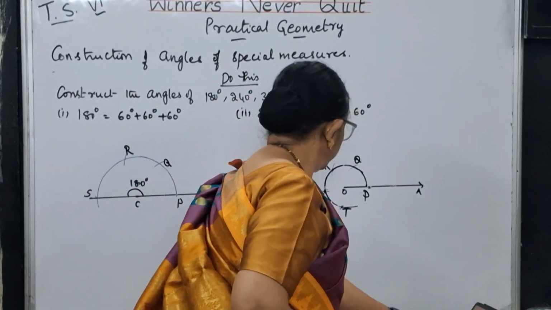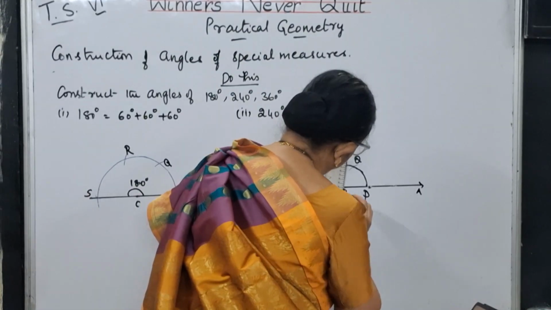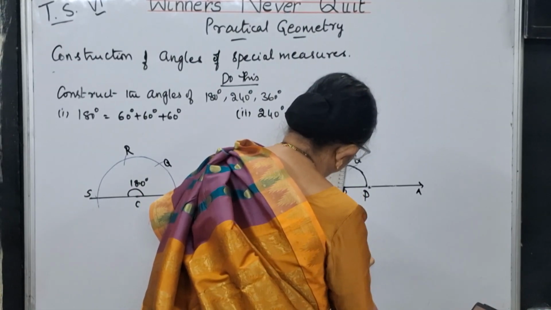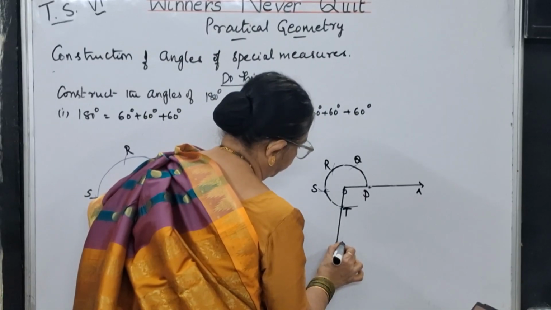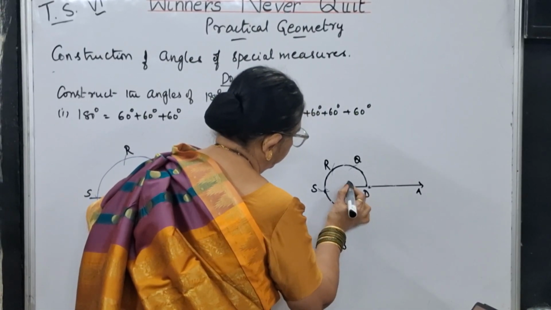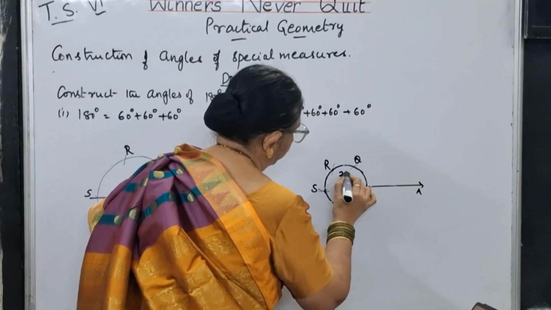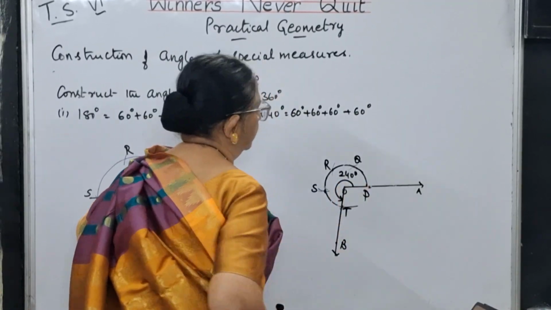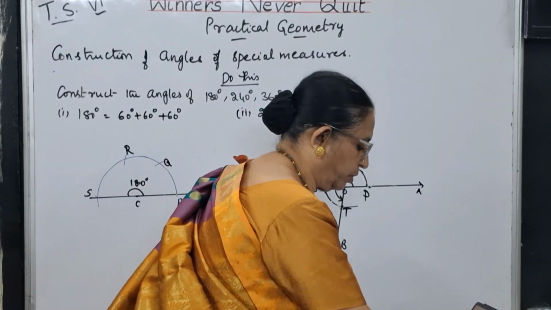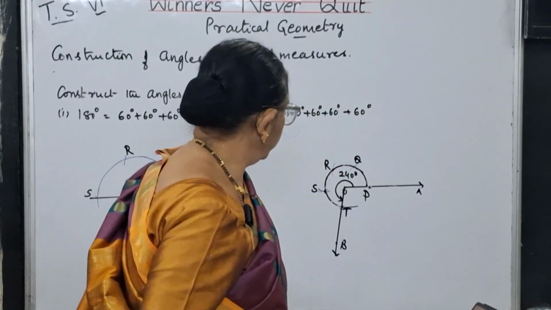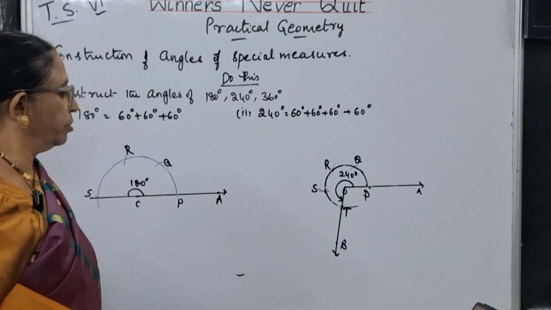So you have to join O and T. Let me call this point as B. This angle measures 240 degrees. This is how you need to draw 240 degrees, children. Use your compass and scale and do it, you will be getting it perfectly well.